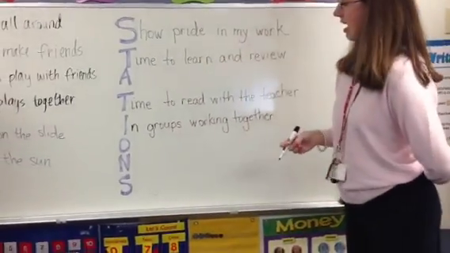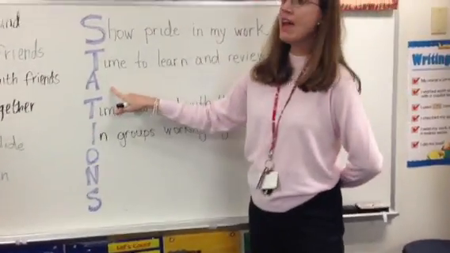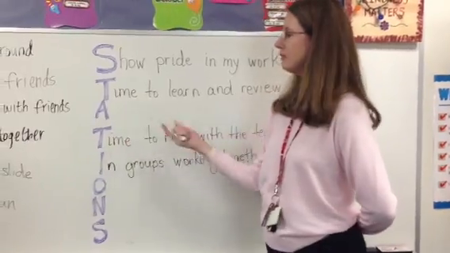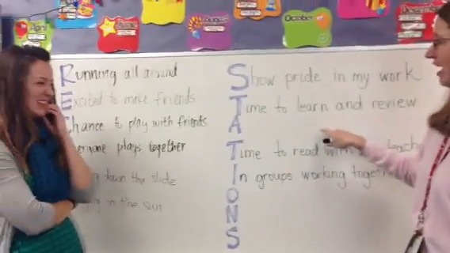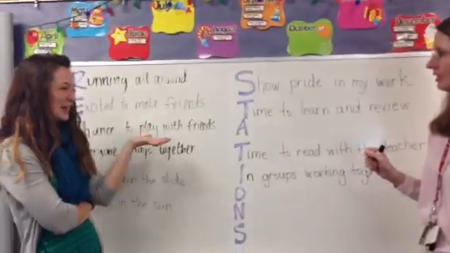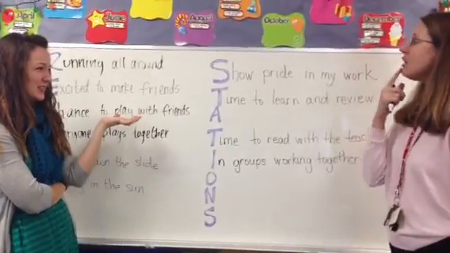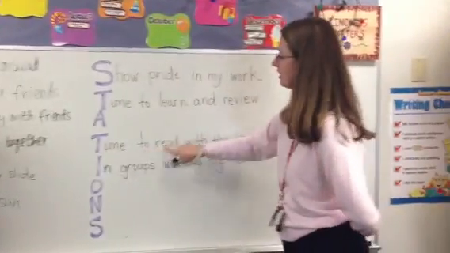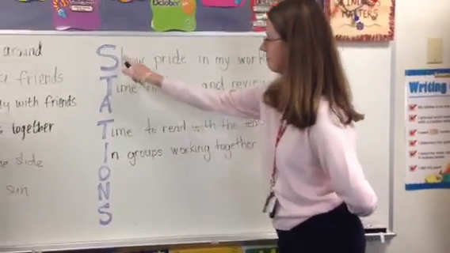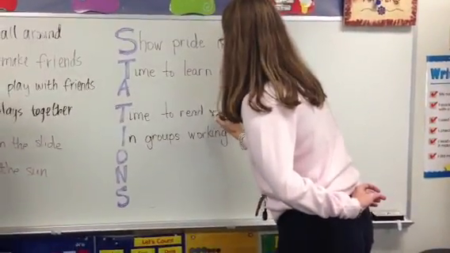Let's see, A. When I think of A, I think of apples. Miss Peoples, what do you think about if I put apples here for A? That's a good idea, right? Well, what does apples have to do with stations? Oh, that's right. Now I remember. Miss Peoples said that every line has to be about what our acrostic is.